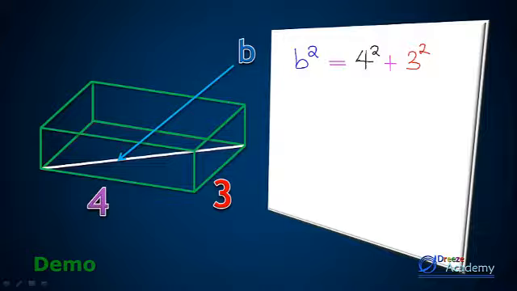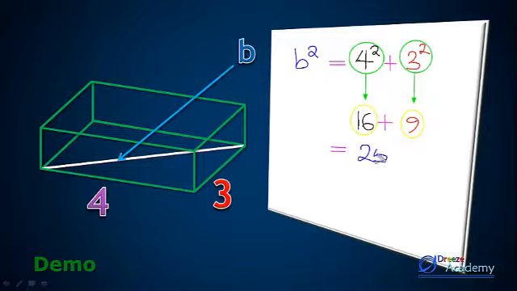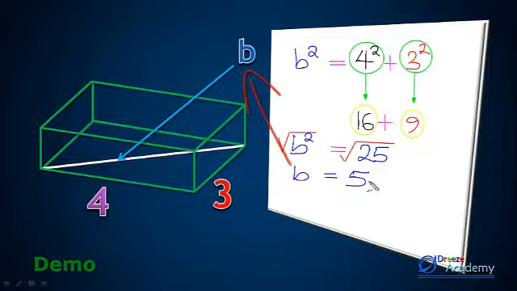So we solve. 4 squared is 16 plus 3 squared is 9. 16 plus 9 is 25. We now have b squared equal to 25. The square roots of both sides give b equals 5. So b is equal to 5 meters.